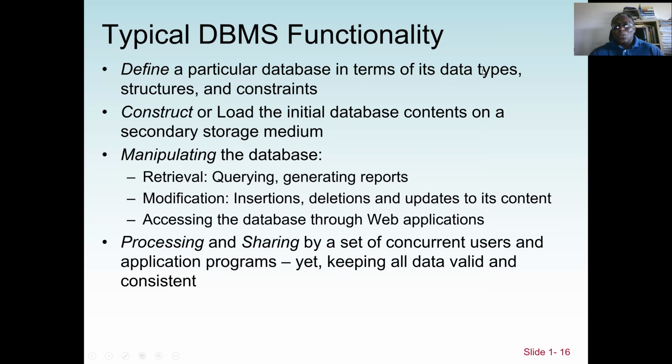As we said earlier, we may have a field, last name, what is the data type, what kind of structure, what constraints we may have in that field. Then construct or load the initial database content on a secondary storage medium.